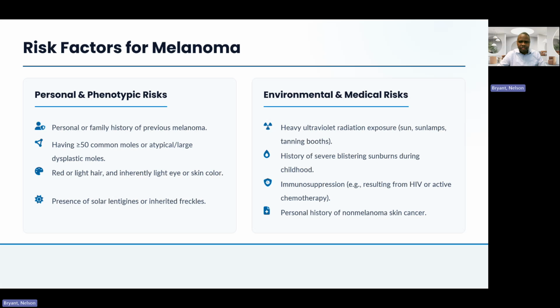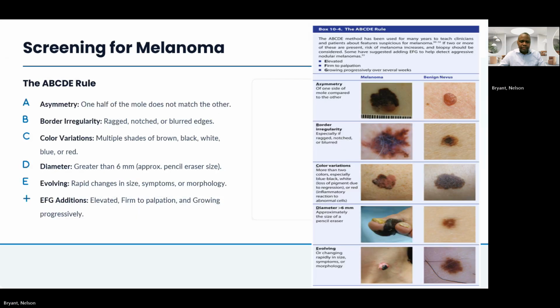UV radiation exposure, also immunosuppression from HIV or chemo. Those are other important risk factors. So I mentioned A, B, C, D, E before, but this is a visual that can help you to differentiate those skin lesions or even document the lesions based on the A, B, C, D, E.